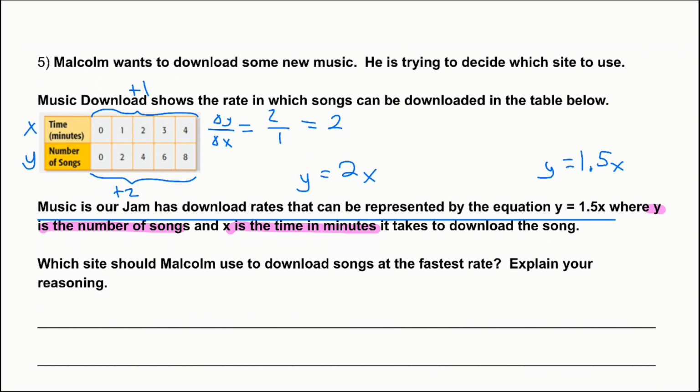Which site should Malcolm use to download songs at the fastest rate? Now, you might be thinking the shortest amount of time, but remember, our rate of change here is how many songs we can download per minute.